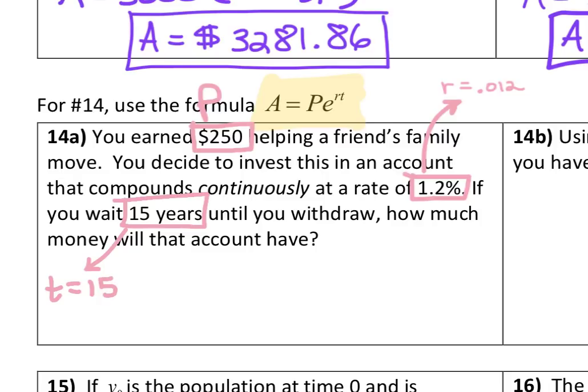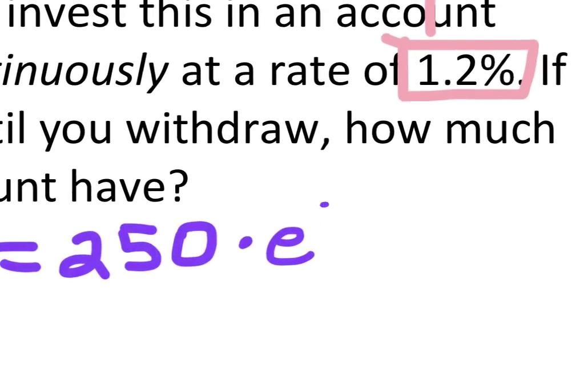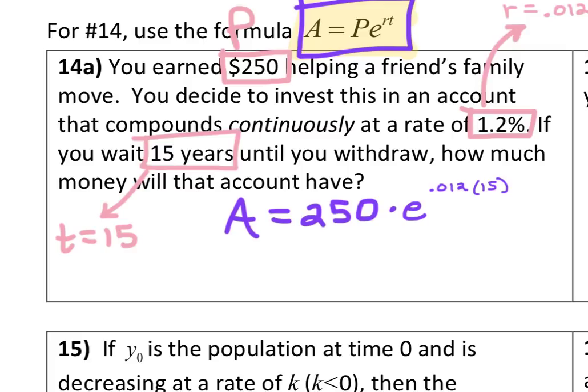And so here, when you substitute this into the formula A equals P e to the RT, A equals the $250 times e to the RT power. So your exponent is going to be 0.012 times 15. And you're going to type that into the calculator again as is.